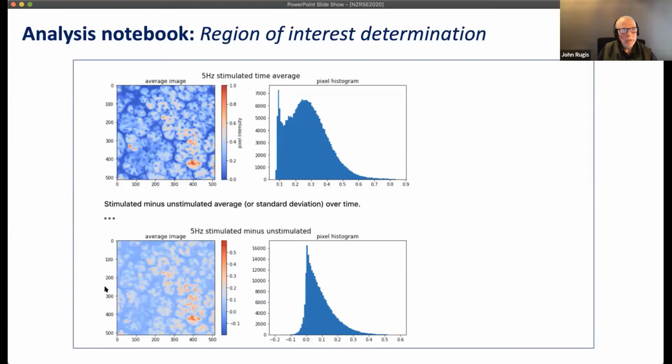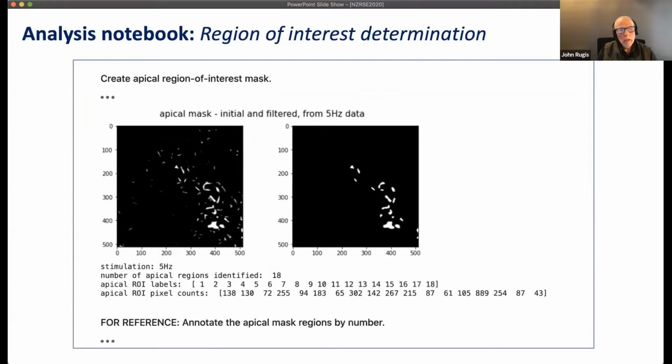But the real magic is this time difference image, where now just in red, we've got the stimulated regions, and that's what we're after. That was used to create what in computer graphics are just known as masks. So in the mask, wherever you see white, those are where a region is, and those are the pixels that we want to further analyze.